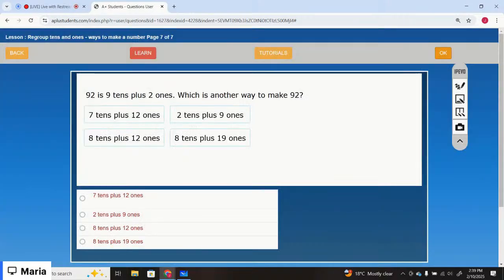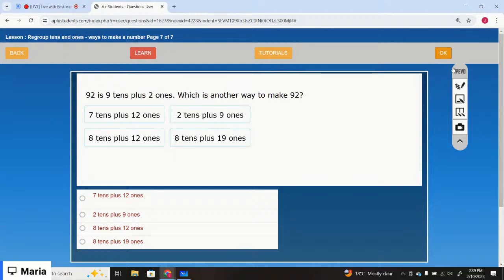92 is 9 tens plus 2 ones, which is another way to make 92. 92 is 9 tens plus 2 ones.